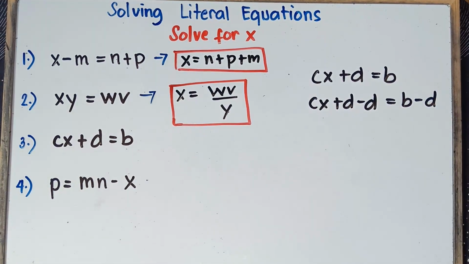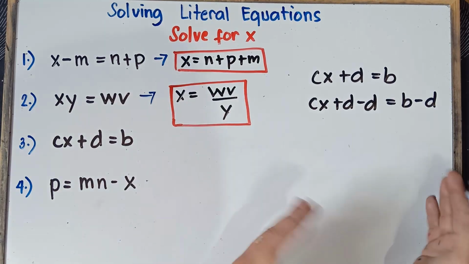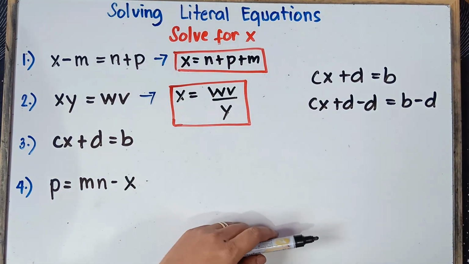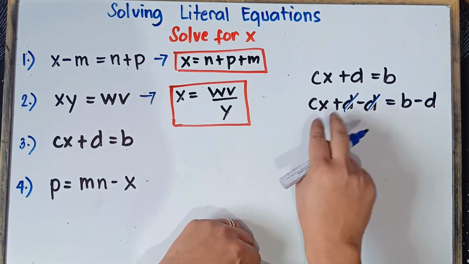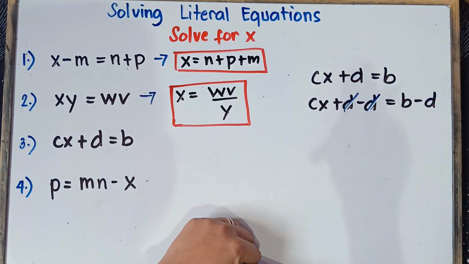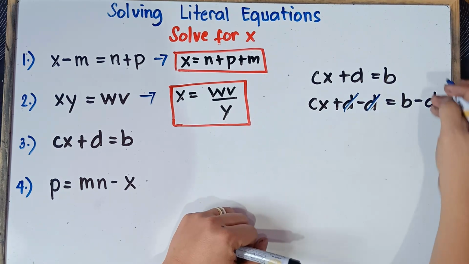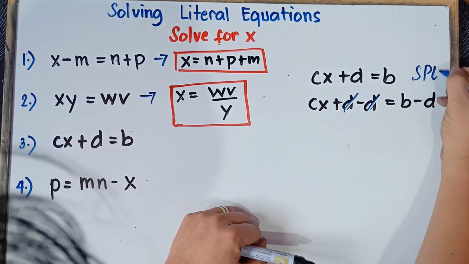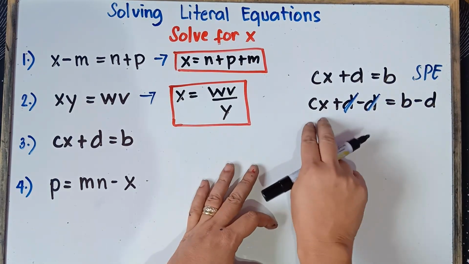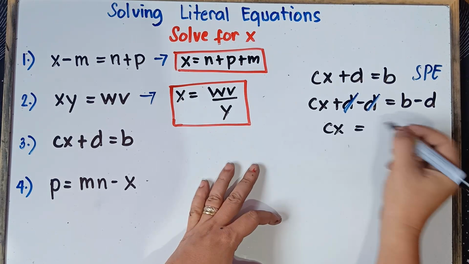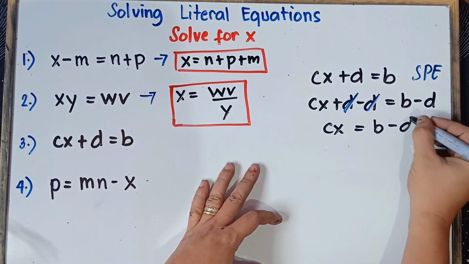Now you'll be asking, why do we need to subtract both sides by d? So that you can cancel this out and the remaining expression will be only cx. Once you subtract d on the left side, you also do that on the right side. And this is what we call the subtraction property of equality. So simply cancel this out and the remaining expression will be cx equals b minus d.